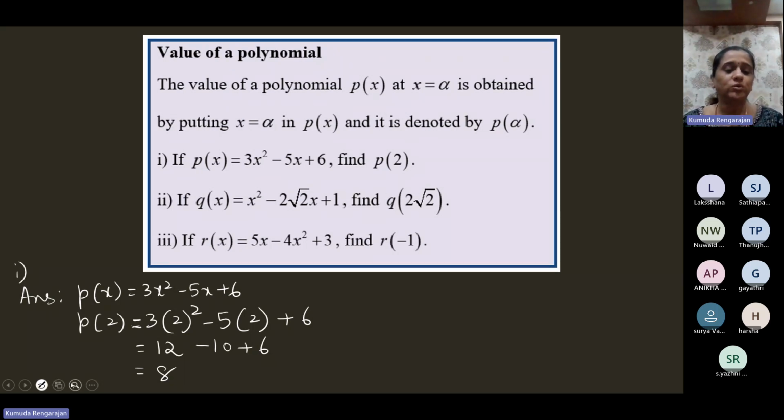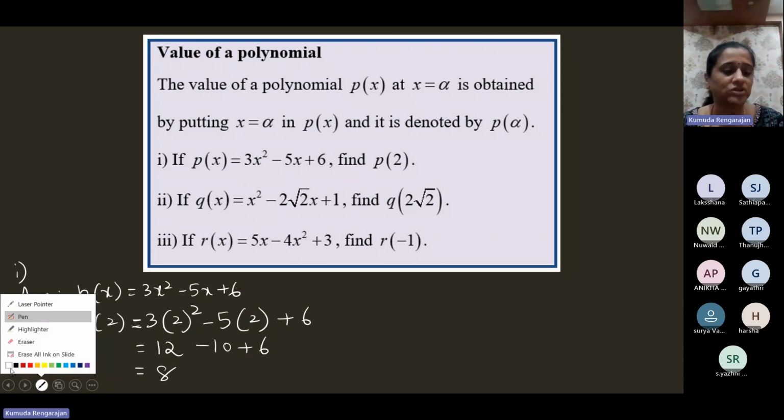So p of 2 is equal to 8. So the value of the polynomial when x is equal to 2 is 8. Please take down the question and work out the answer.